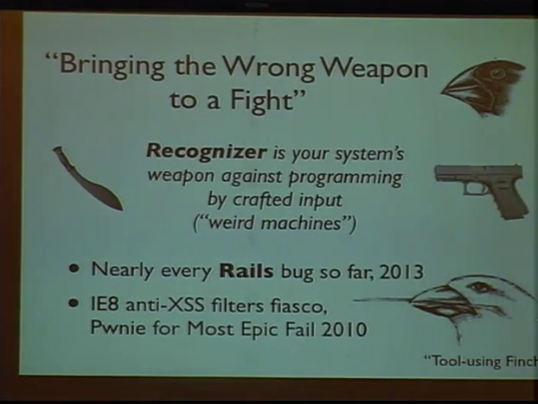There is a wonderful bug that happened in 2010 and got the pony for the most epic fail, and that was the anti-XSS Internet Explorer measure. In applying a finite state machine to rewriting HTML, which is actually worse than context-free, they got pages that were not vulnerable to XSS to be vulnerable to XSS.